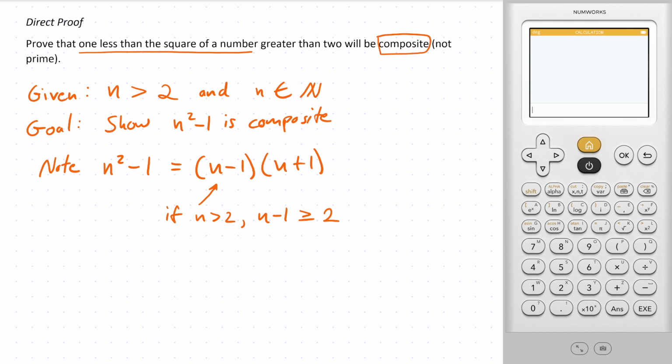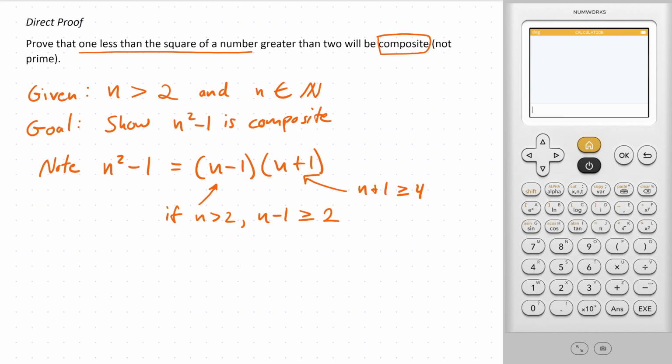And since n minus 1 is the smaller of the two numbers, it follows that n plus 1 will be not only greater than or equal to 2, it'll be greater than or equal to 4, because we know that n is strictly greater than 2. So we could have said at the top here, n is greater than or equal to 3. It would really mean the same thing because we're only looking at counting numbers.